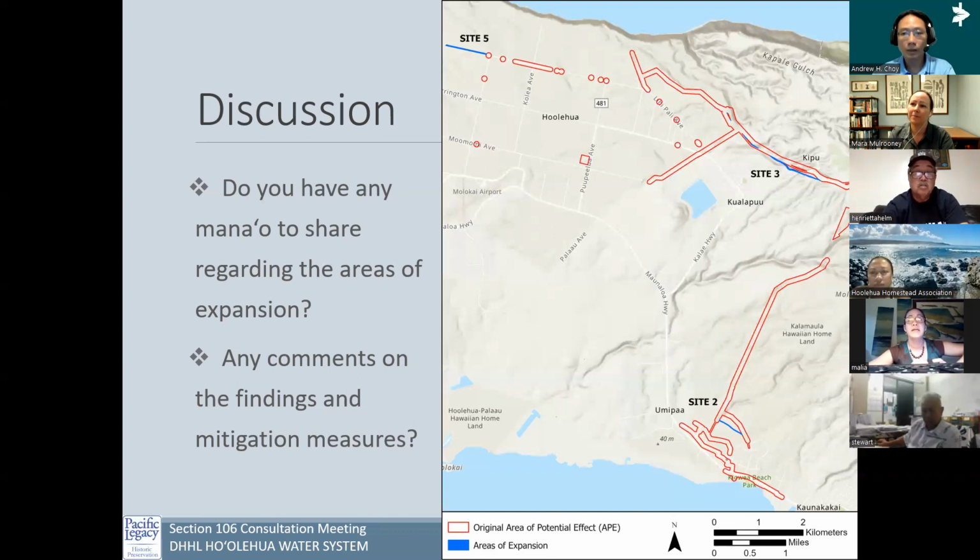I think that's something that the community can discuss. Is that something that could be part of the consultation process? My own manao would be that, depending on what site it was found, it may be the people who are residing or have resided in that area. Ideally, personally, I would not have it moved far away, but I'm not sure where they're taken to immediately on Molokai. That might be an option for doing the inventory part.